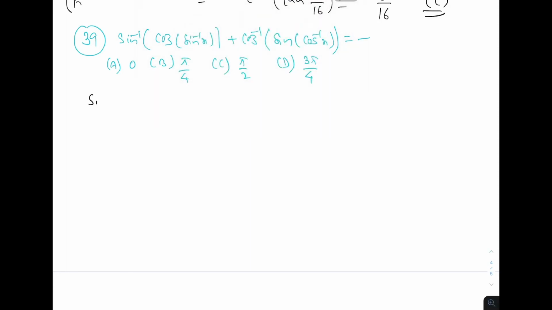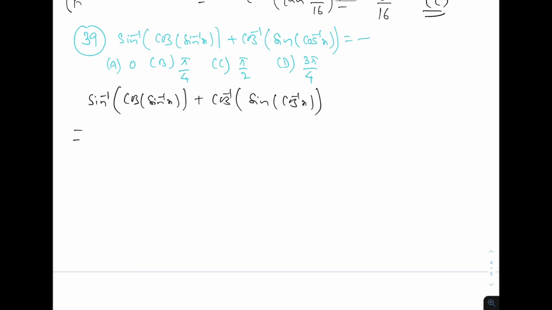So, sine inverse of cosine of sine inverse x plus cosine inverse of sine of cosine inverse x.